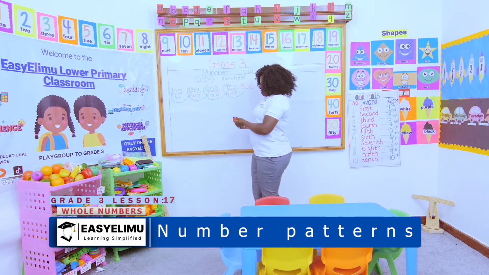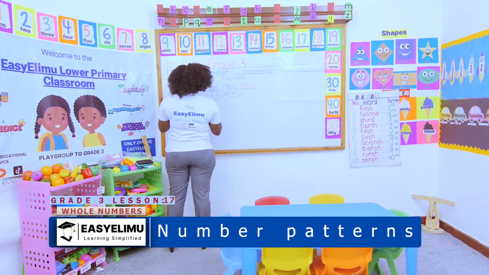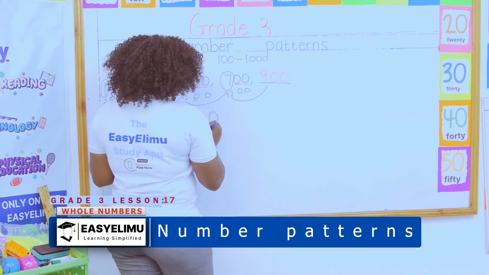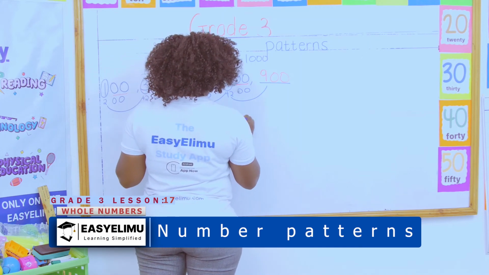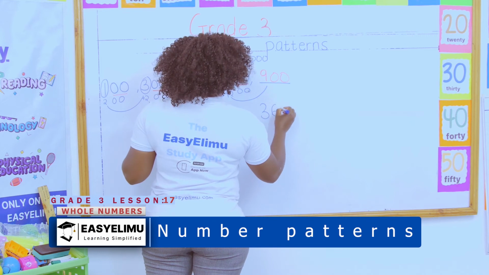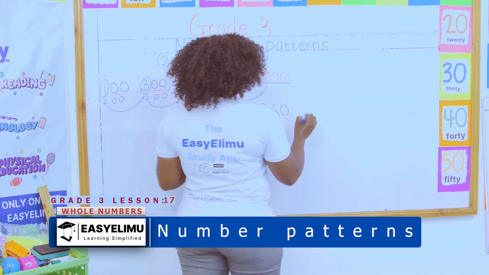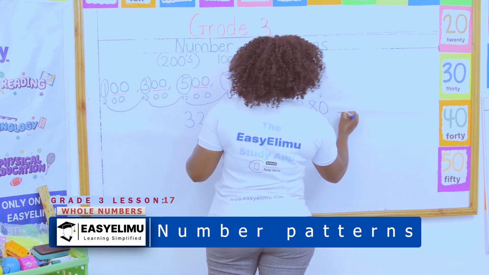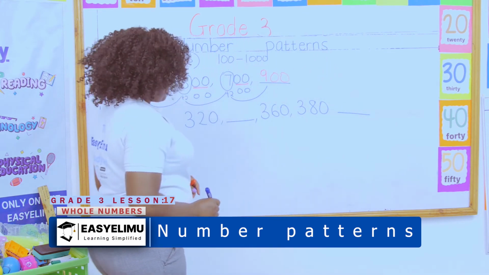We are on number 320. And I want you to fill in, we are counting in 20s. So we have 320. Which number follows here? Then here I have, you fill in the missing number there.